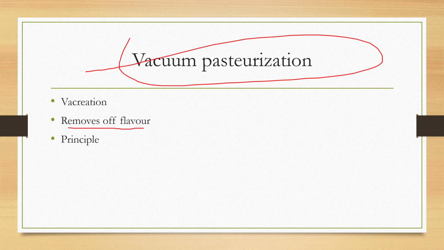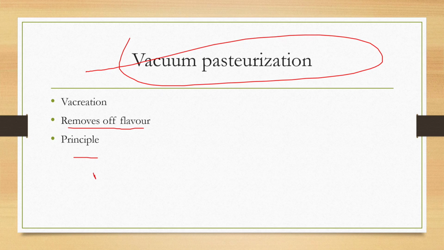The principle is that milk is mixed with pressure steam, and this is immediately followed by a sudden and spontaneous expansion into a finely divided state, with the chamber maintained at reduced pressure.